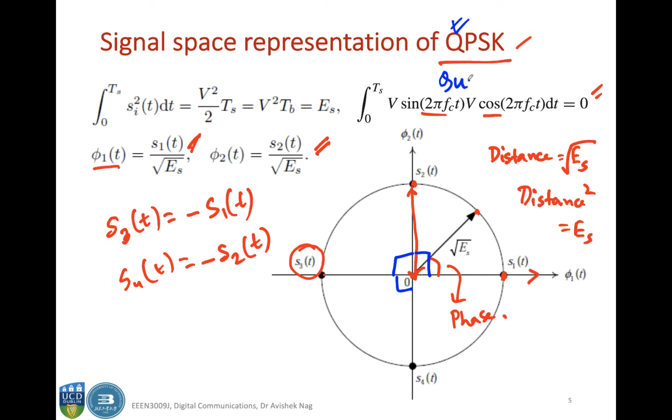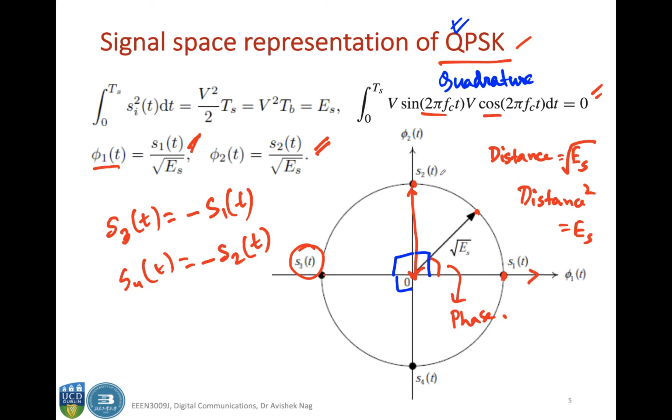Okay, and quadrature means you have 4 signals, and quadrature also means that you have a 90-degree phase shifted version of the signals.